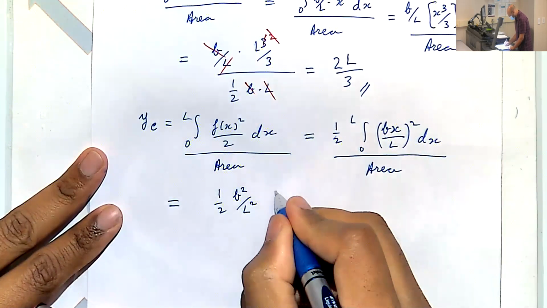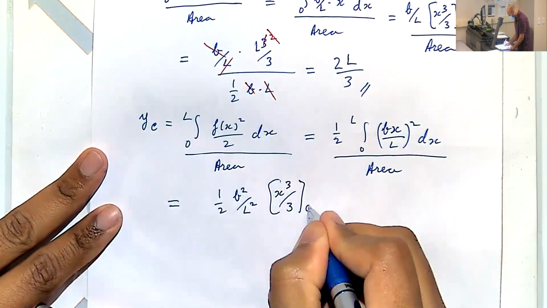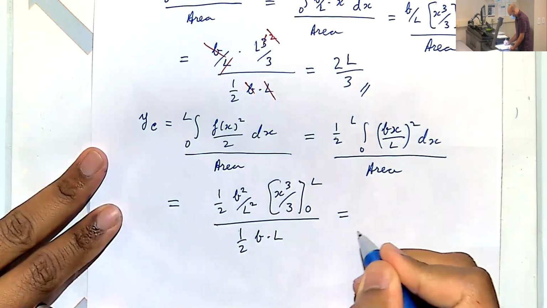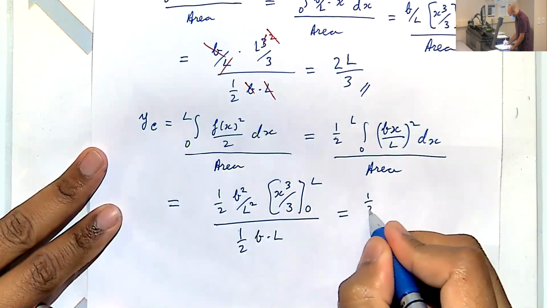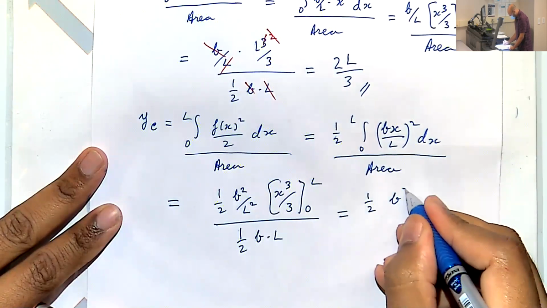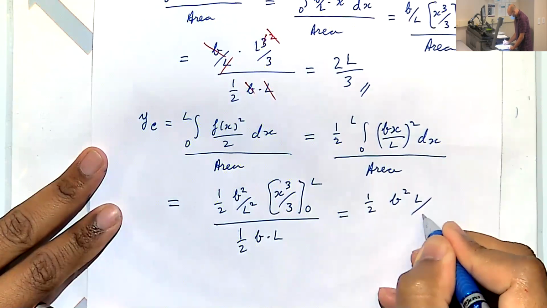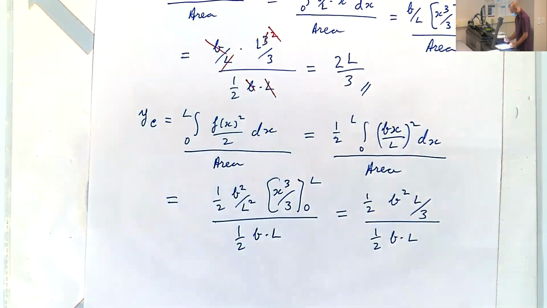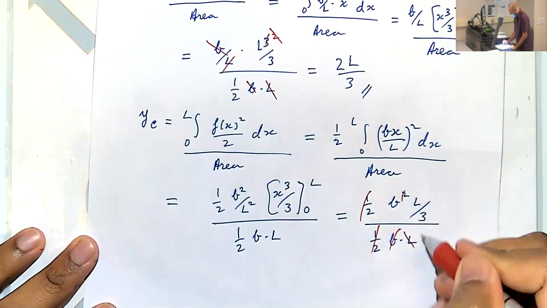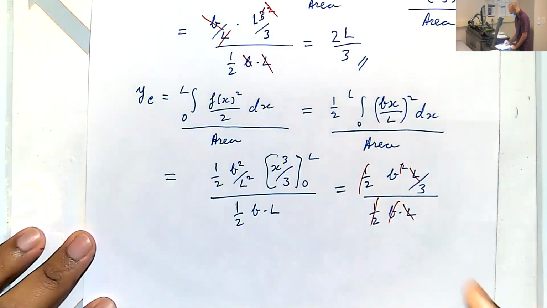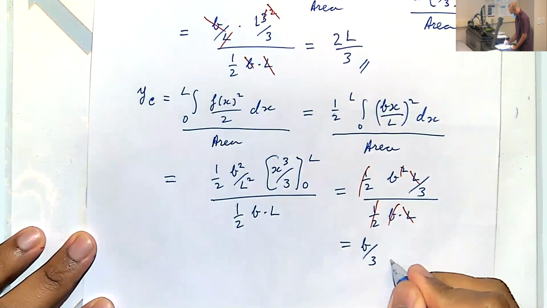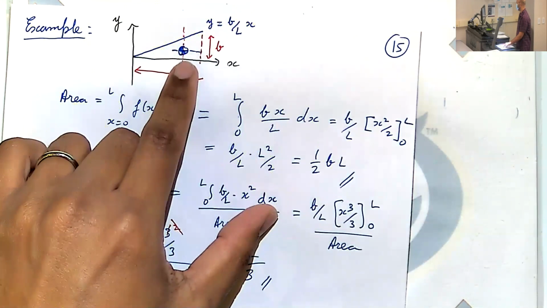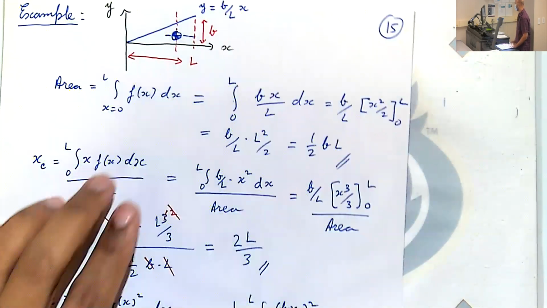X squared dx gives us x cubed over 3, from 0 to L. Area is half b times L. B squared L over 3, over half b times L, is b over 3. So that's the y location of the centroid, b over 3. The centroid is at 2L over 3 and b over 3.